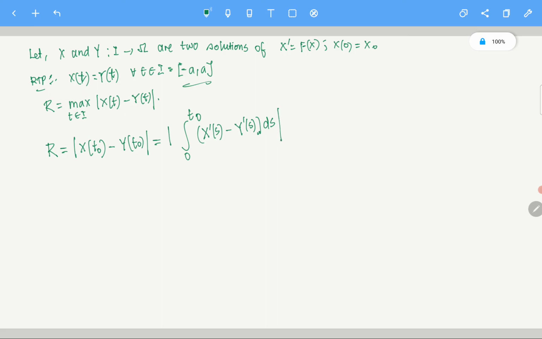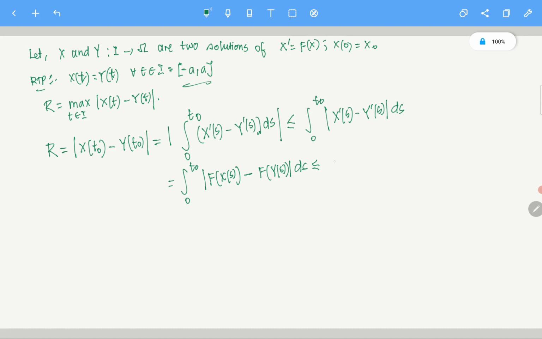Clear? This is less than or equal to the integral from 0 to t naught of |x prime of s minus y prime of s| ds. Now x prime is given by capital F, so this is the integral from 0 to t naught of |F(x(s)) - F(y(s))|.